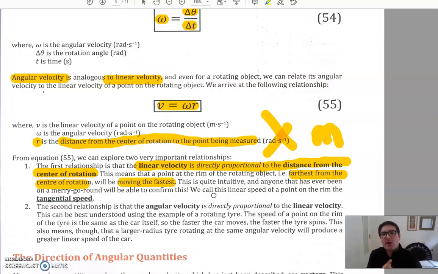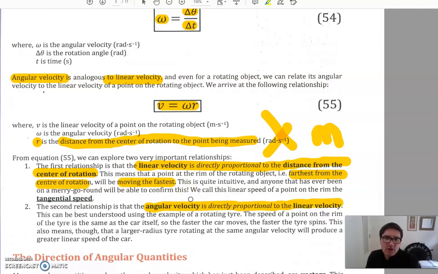And if you have a greater angular velocity, you will also have a greater linear velocity. And that's our second relationship. So our second relationship is that the angular velocity is directly proportional to the linear velocity. The bigger the angular velocity, the larger the linear velocity will be.